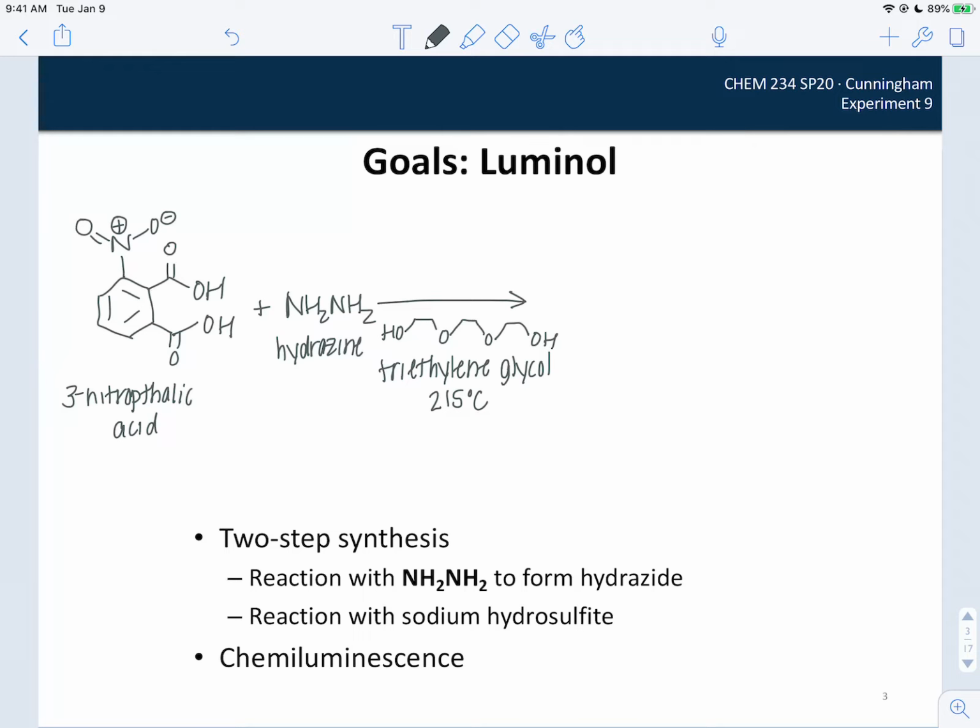And when we do this, we are going to generate a product where we've essentially taken both of the carboxylic acids and we've performed a condensation with the amines of our hydrazine. So it almost looks like a diamide.